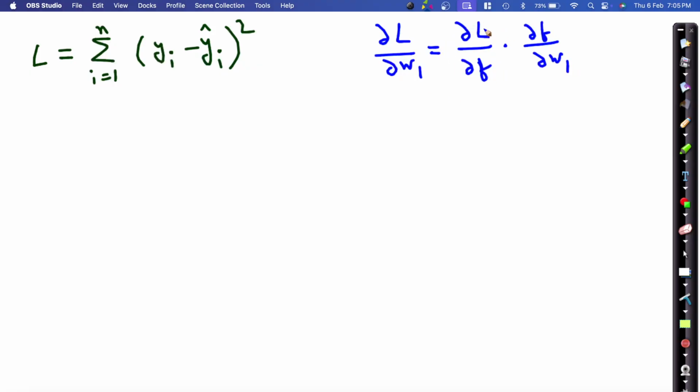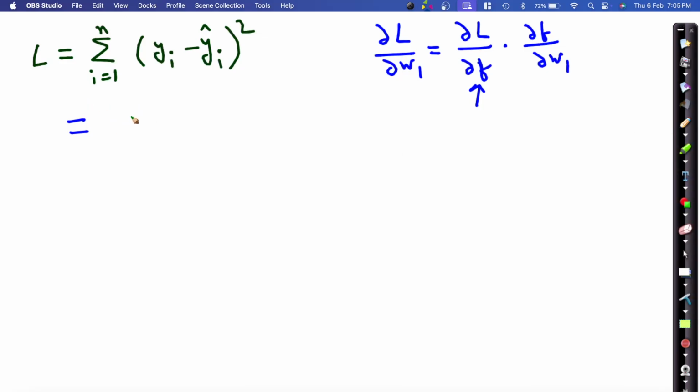So how do we find this first component? See, this derivative is with respect to the function f. So let me write this equation with respect to f first.